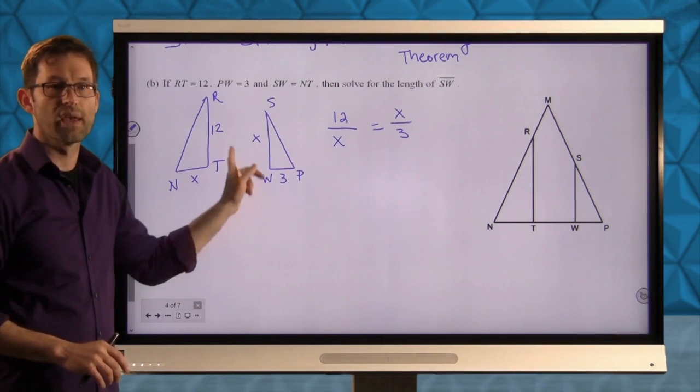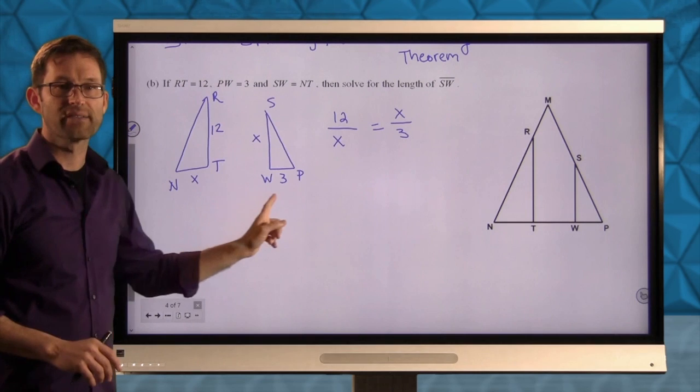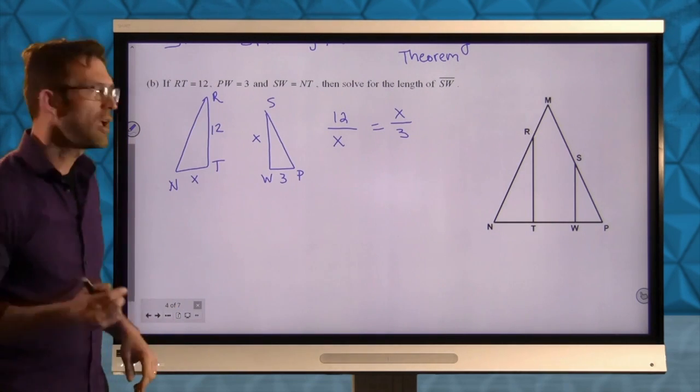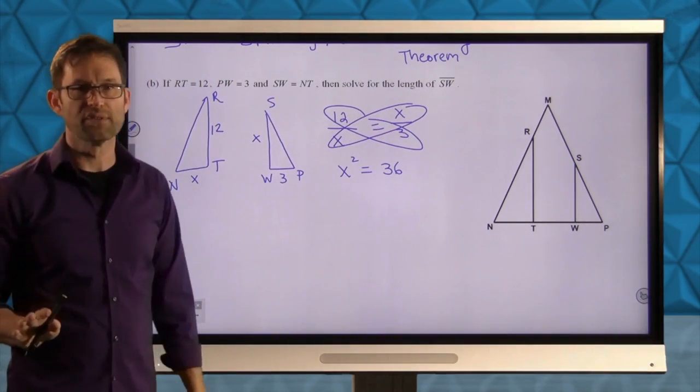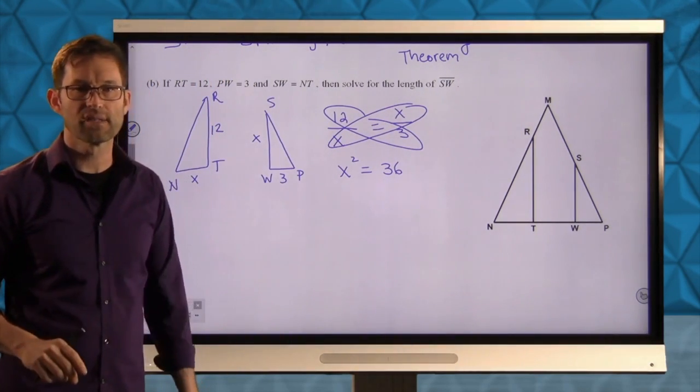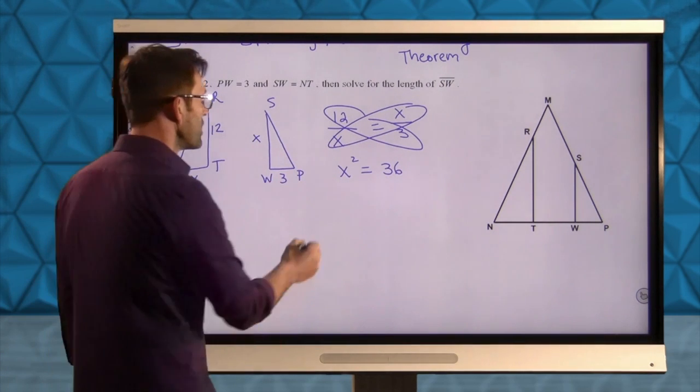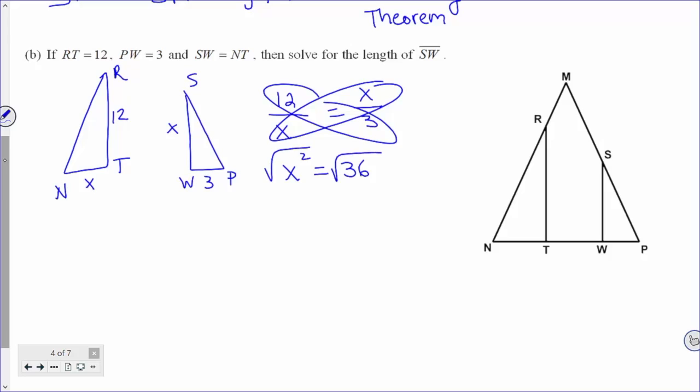Oftentimes teachers will say 12 is to x as x is to 3. Now be careful here, right? We haven't done a lot of quadratic algebra in this course, but x times x, remember, is x squared, not 2x. Absolutely bad if you say 2x. Maybe we'll even take a look at that in a second. But I get x squared equals 36. Take the square root of both sides, and I get x equals 6.